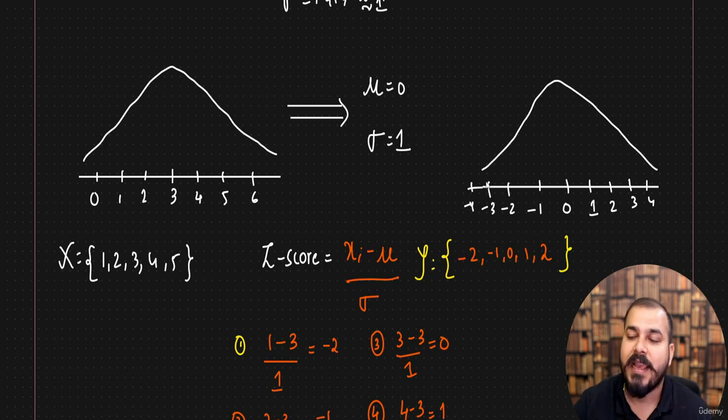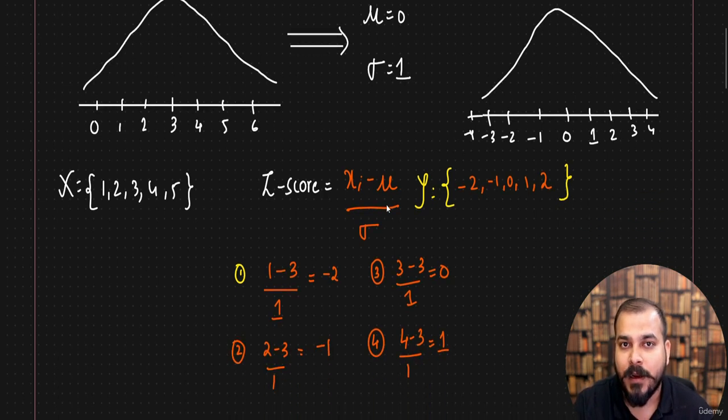So what has exactly happened? We have converted one distribution, a normal distribution, to a standard normal distribution. Whenever we say a random variable belongs to a standard normal distribution, it basically says that its mean is 0 and standard deviation is 1. Now, why it will be super important, I'll let you know in some time, in this specific video itself.